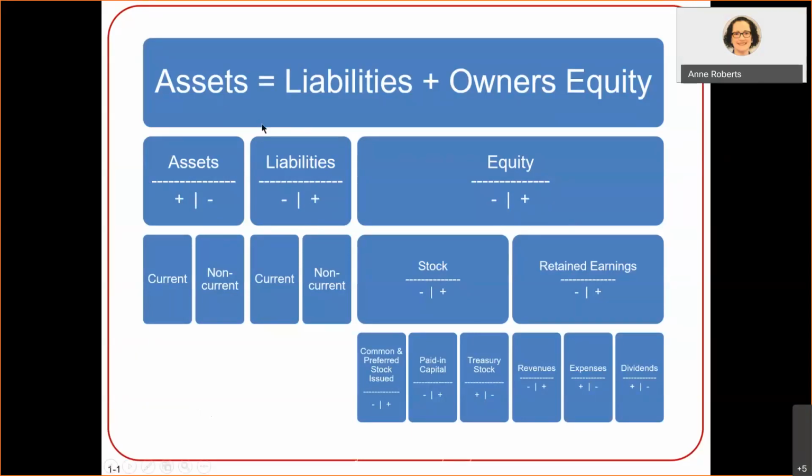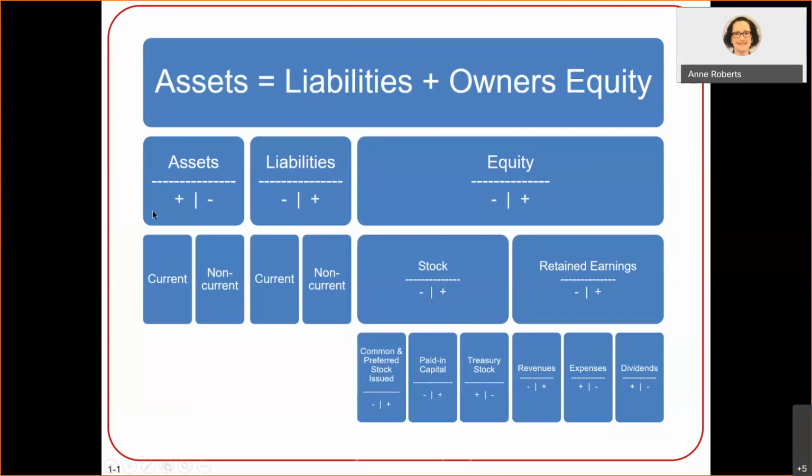The big trick on learning debits and credits, number one, is debits and credits do not mean add and subtract. They never have and never will. You would hear that in my lecture videos. They never mean add and subtract, although people use them as if they do. Debit and credit simply mean to the left and to the right.